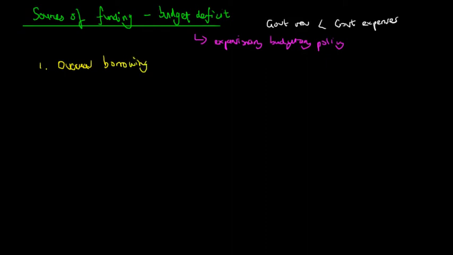Overseas borrowing. That's the first option the government can take. So what this means is that they can offer to sell government securities.